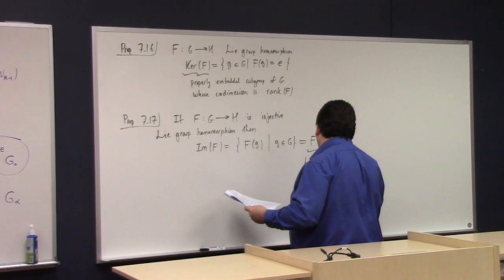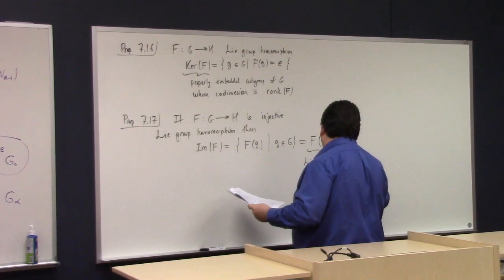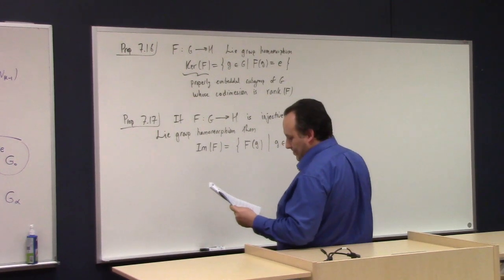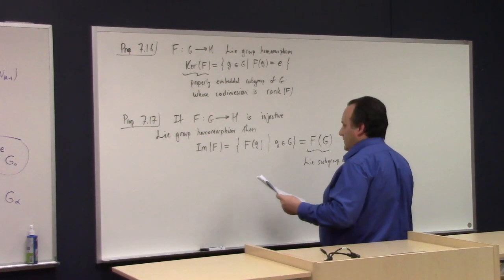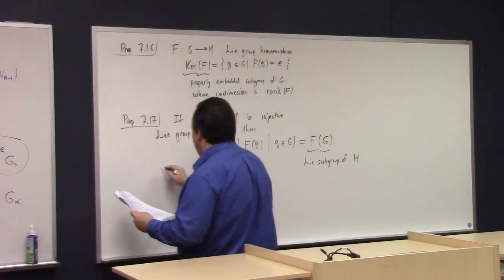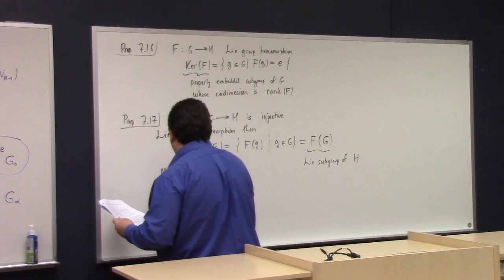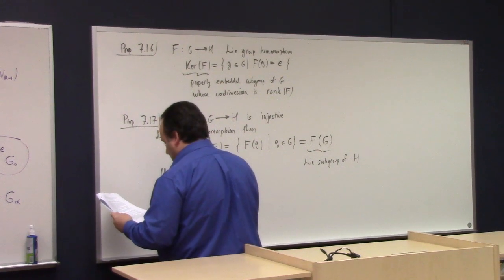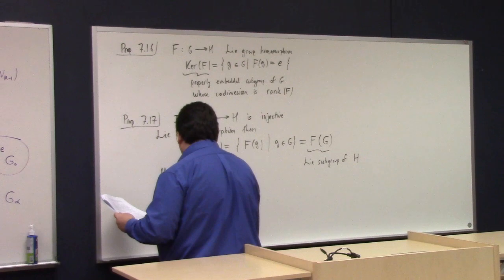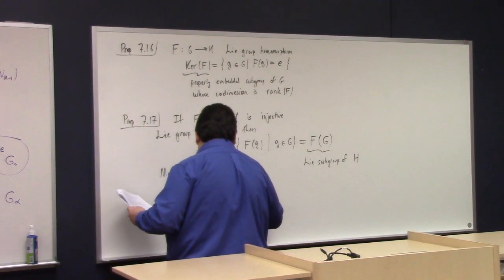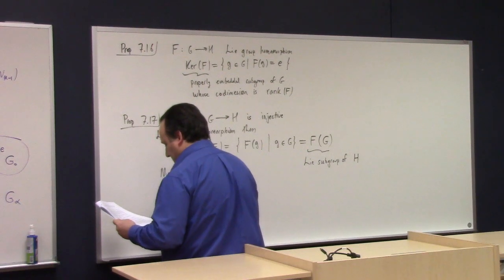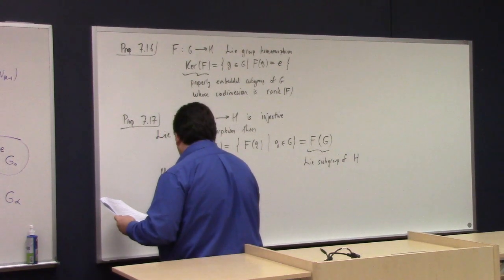Lie subgroup of what? Of H. Moreover, F as a mapping from G to its image is a Lie group isomorphism.